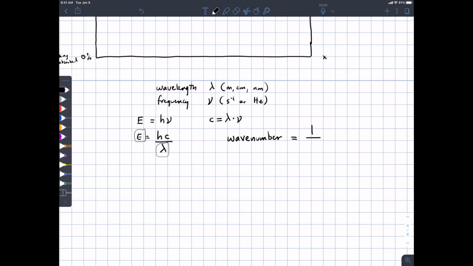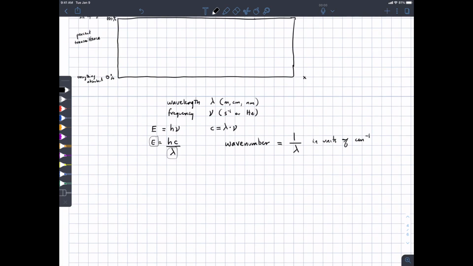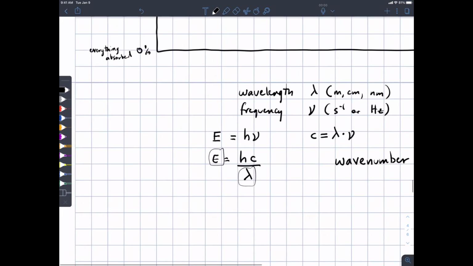Wave number equals 1 over the wavelength, and it's going to have units of inverse centimeters for whatever reason, okay? But what that means is lower numbers on the x-axis equal lower energy photons, and therefore lower energy vibrations. Higher numbers on the x-axis are going to equal higher energy photons, and therefore higher energy vibrations.